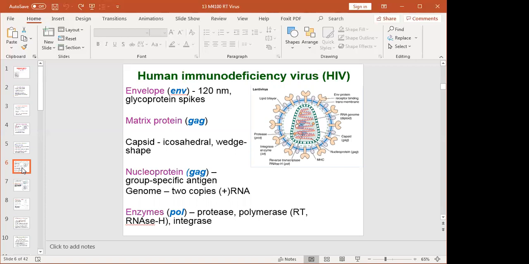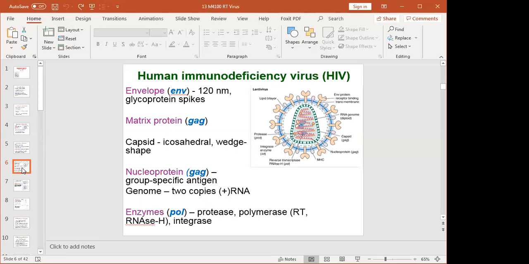We have nucleoprotein, which are group-specific antigens that come from the genome, and they are encoded by the GAG gene segment. And then we have enzymes that are encoded by the POL gene segment.